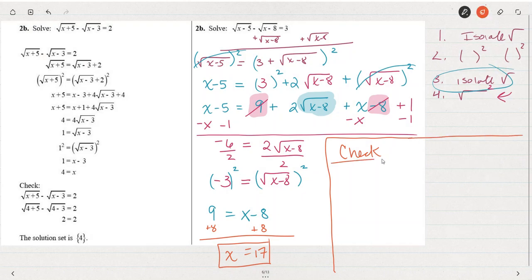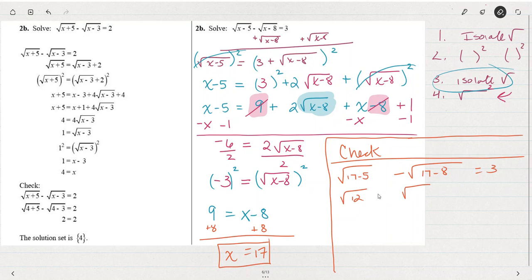So I'm going to check this by putting the 17 in, and look at what happens. I get just all kinds of craziness. Square root of 12 minus square root of 9 equals 3. Square root of 12 minus 3 equals 3.